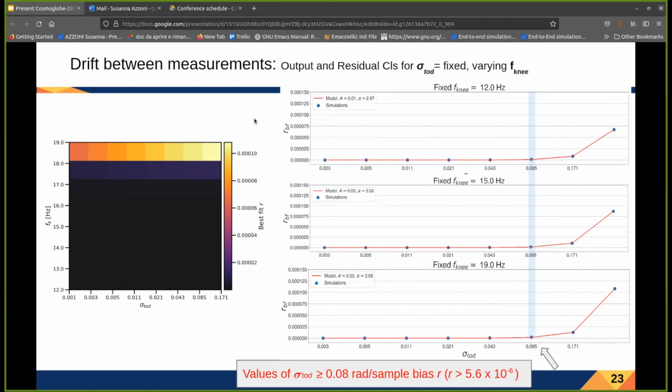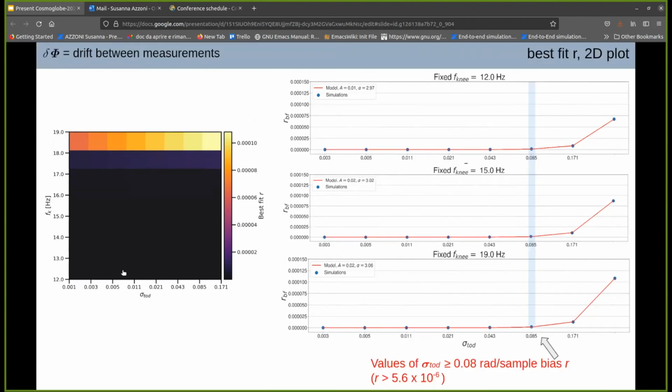And we see that for the different values of the knee frequencies, a sigma TOD of 0.08 radians per sample and greater than that is going to bias our results for the cosmology.